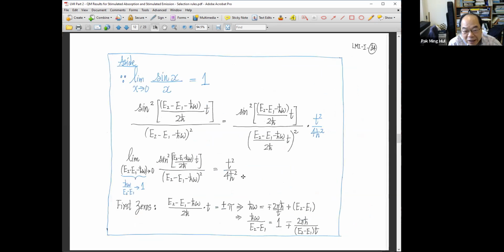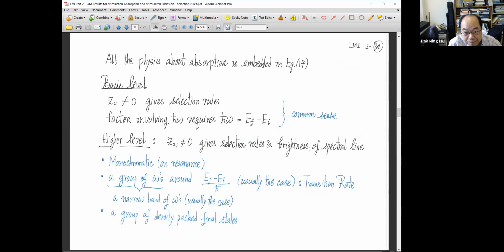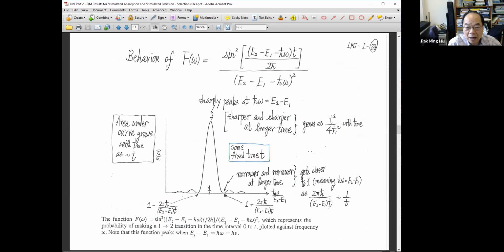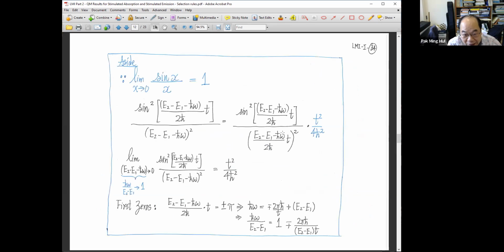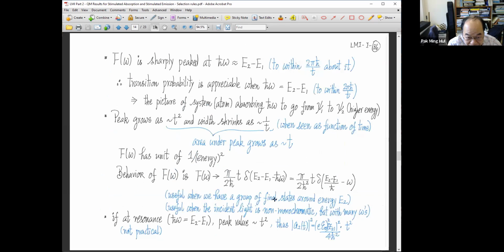Because of the prefactor that I factored out here, the prefactor that comes out is 4 things like that. So what I want to say is the following.